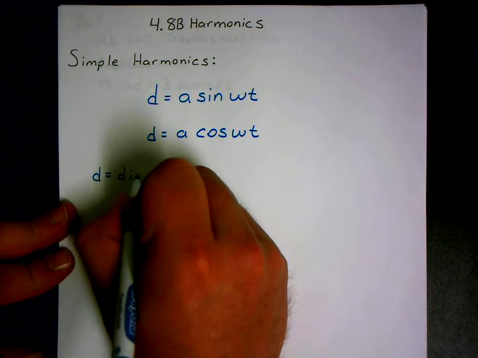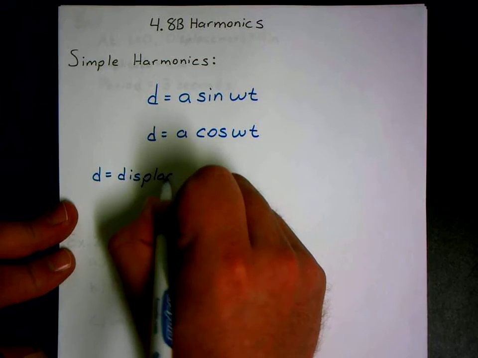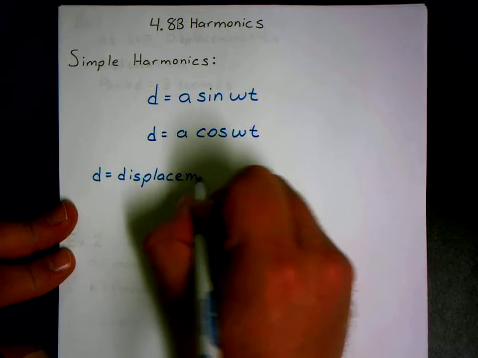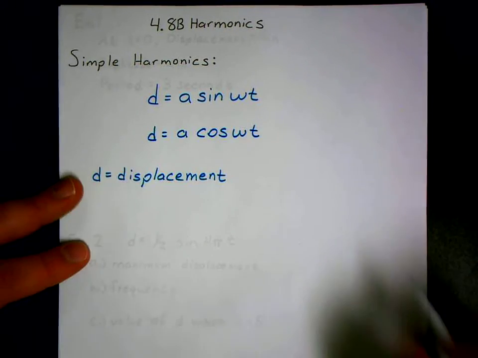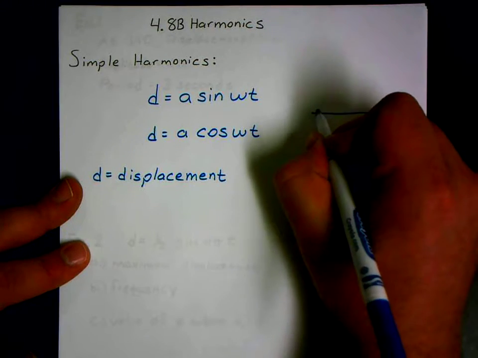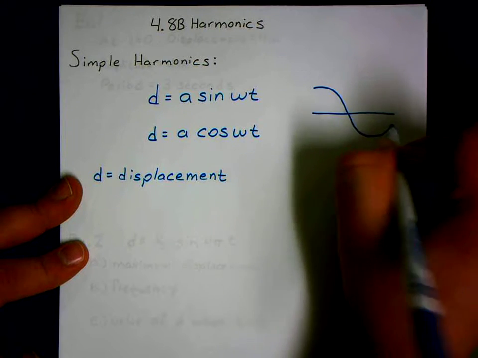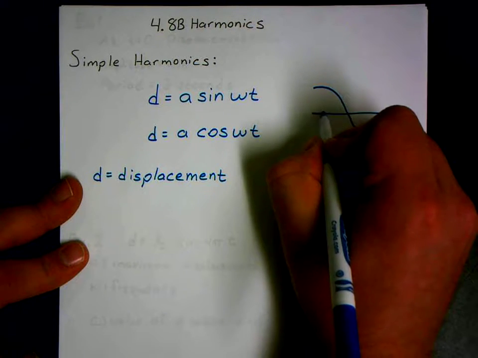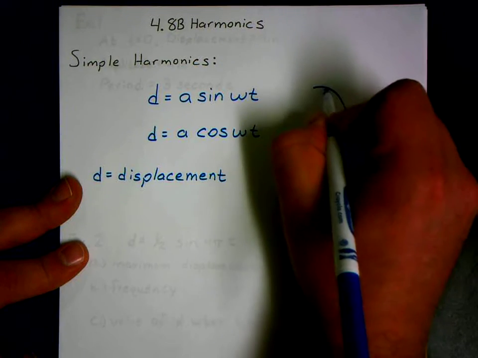D stands for displacement. Whenever you're looking at a wave, D would be displacement, so it's the distance away from that center.